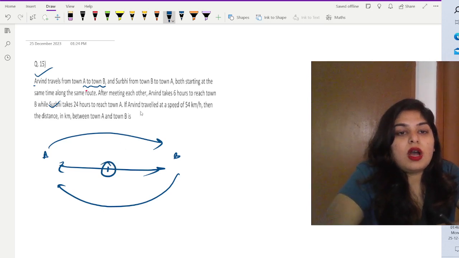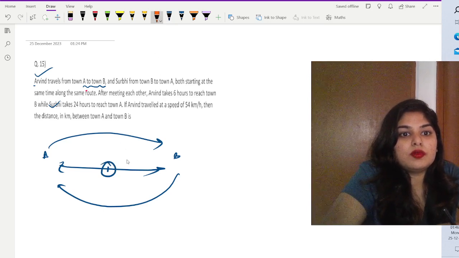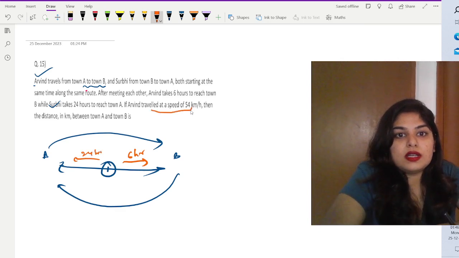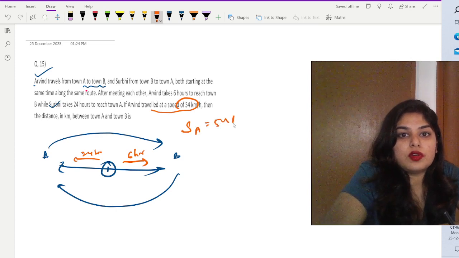Now after meeting, Arvind takes 6 hours to reach the town B. Okay, so Arvind took 6 more hours and Surabhi took 24 hours to reach town A. So if the speed of Arvind is given as 54 kilometers per hour, then the distance in kilometers between town A and B is how much?